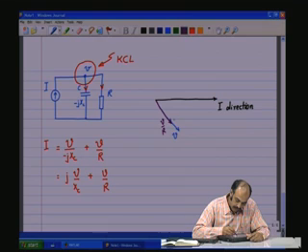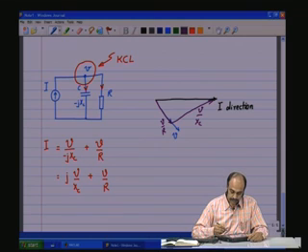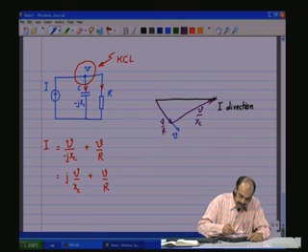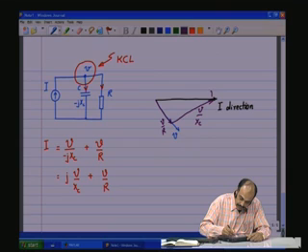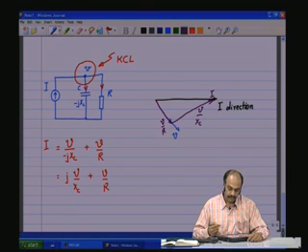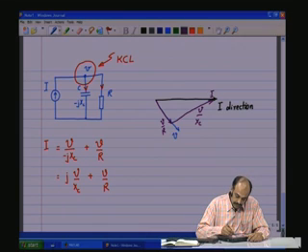So, anti-clockwise direction 90 degrees, which will be like that. This is V by X C. That is going to give you I, isn't it? Now, we have the one which is in phase with V, V by R, and then you have V by X C, and this I should be equal to V by Z.